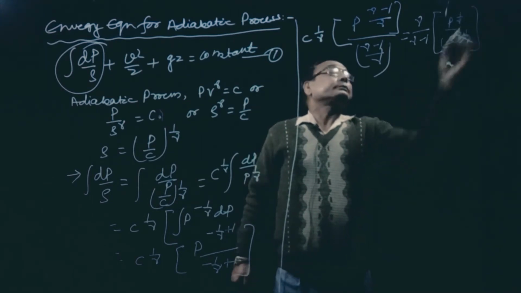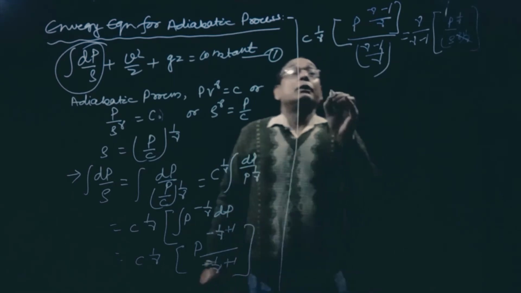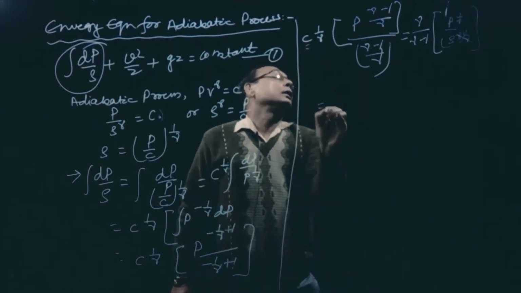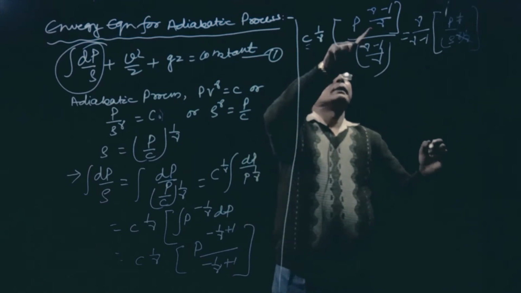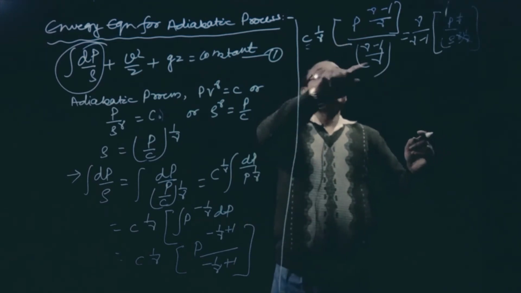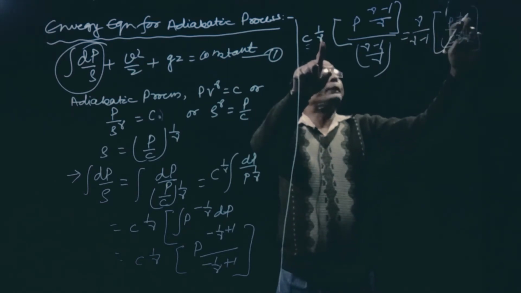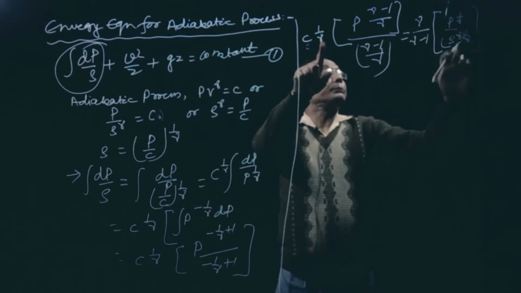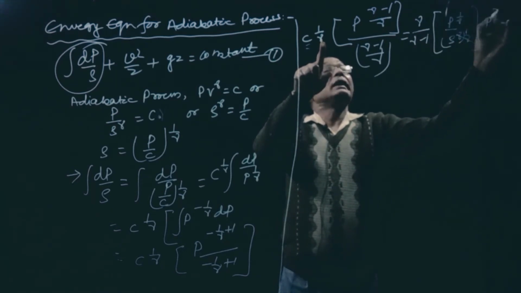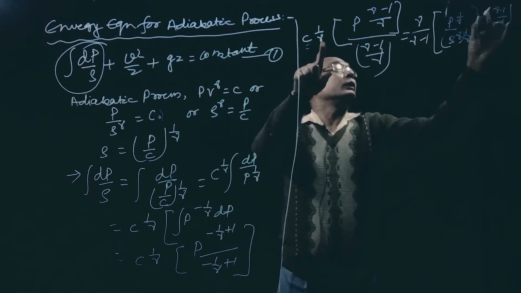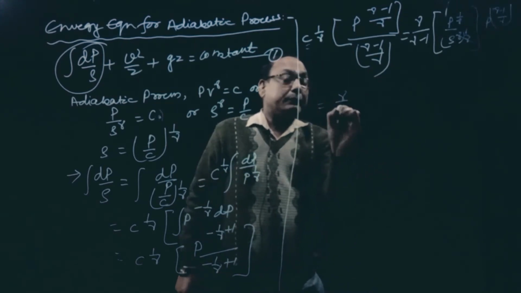Now what will we get here? See here, this is C to the power 1 by gamma, that is P by rho to the power gamma, and also the product with P to the power gamma minus 1 by gamma. So this will be gamma by gamma minus 1.